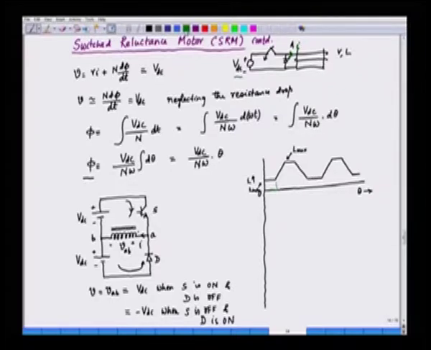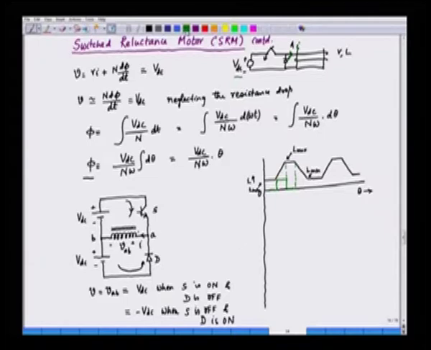So, if we plot dL/dθ, we can say that here it is 0, then dL/dθ is positive, then L is again constant at L maximum, dL/dθ is again 0, and then L decreases to again L minimum, this is again L minimum at this point.